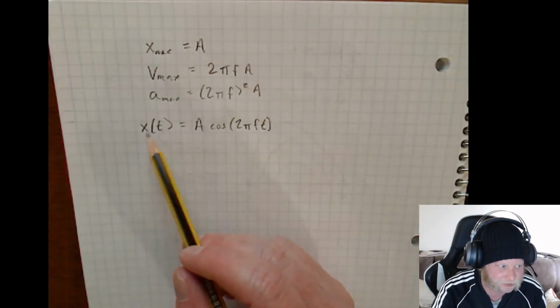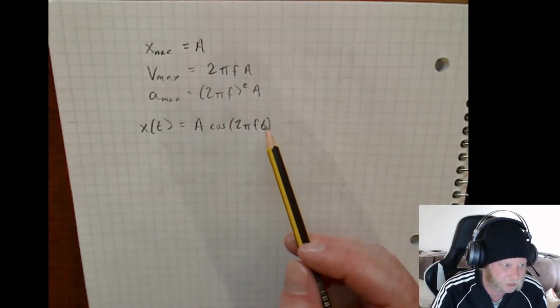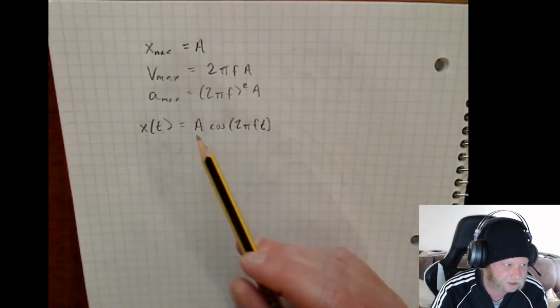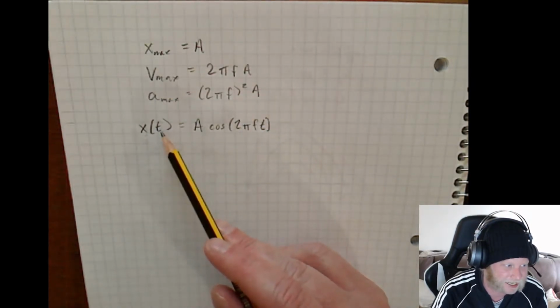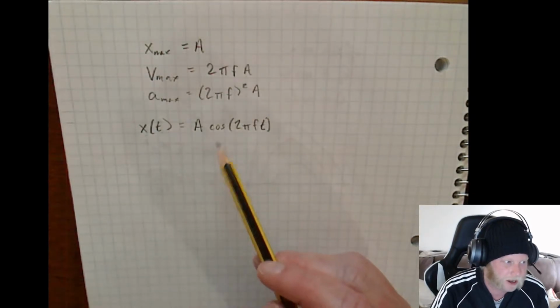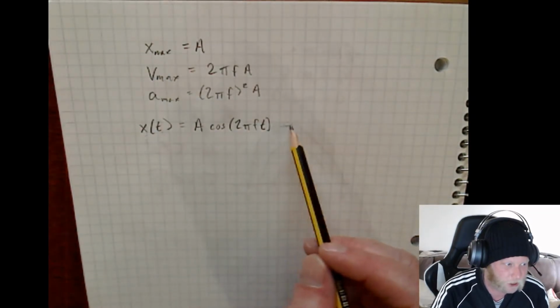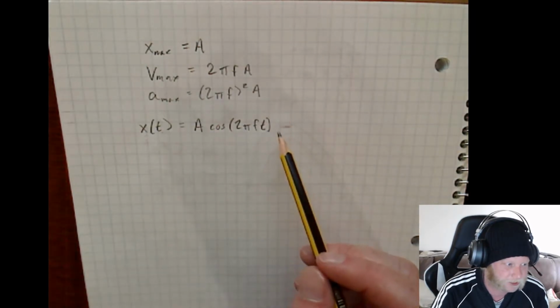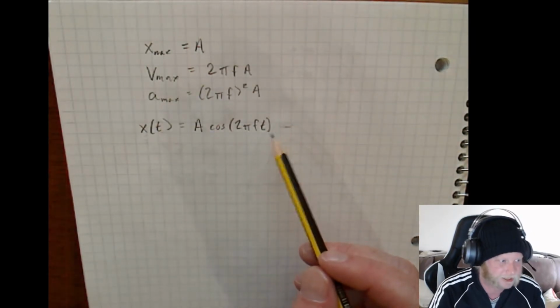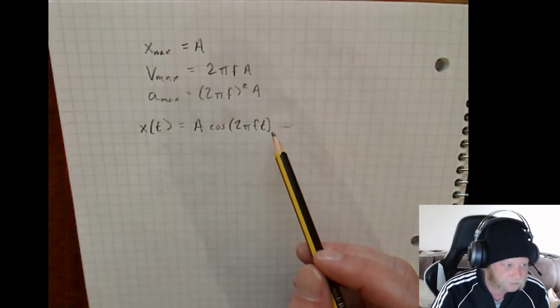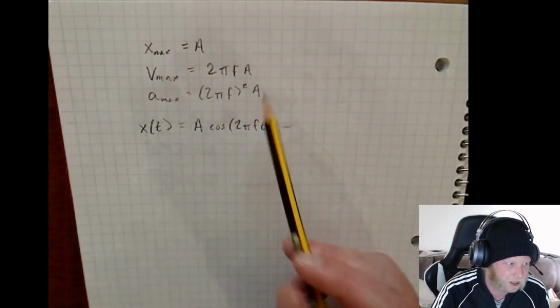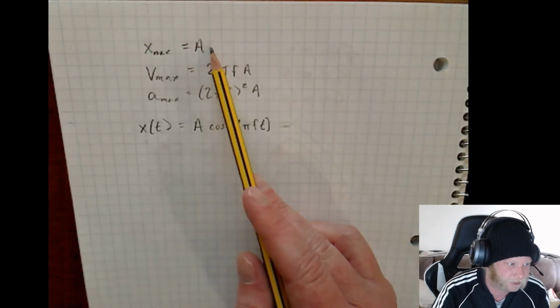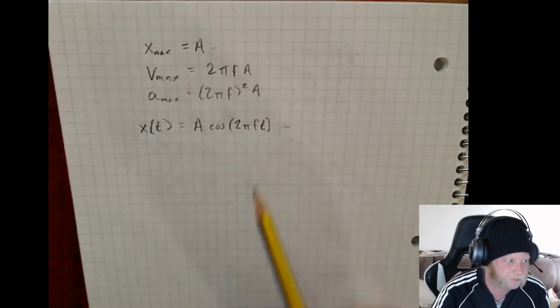So if x was a function of, say, 3 seconds, you would plug in 3 seconds here. So it's giving you its position at any given point in time. Now this is the only one of these equations that's on the equation page, so this is probably the only one you're going to see on the AP exam. I mean, except maybe this one, which is just concept.